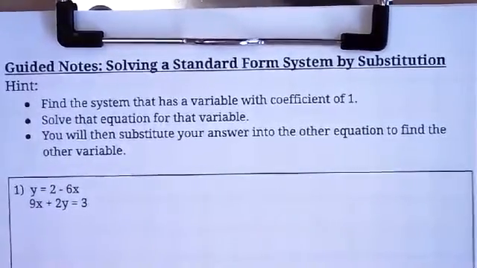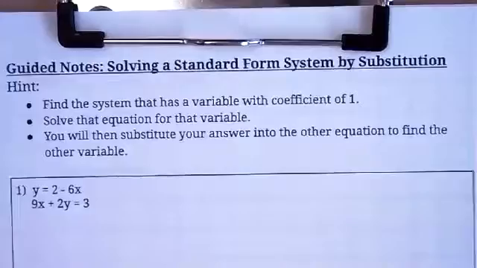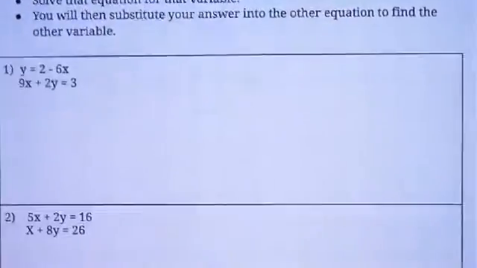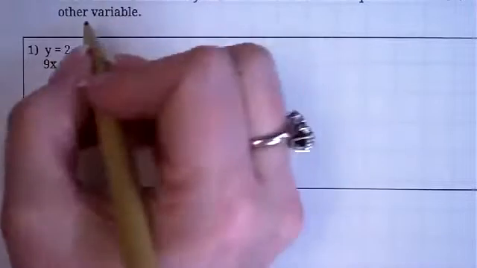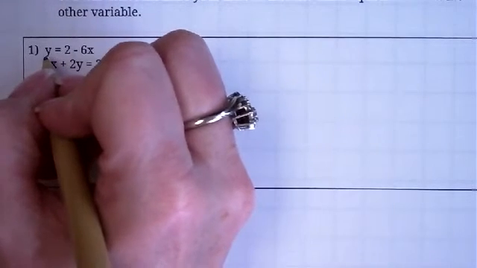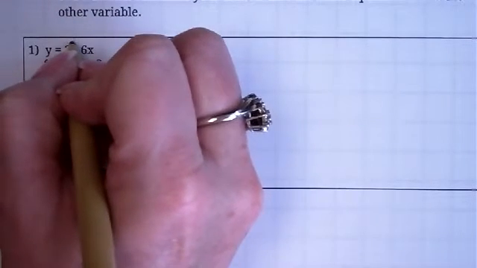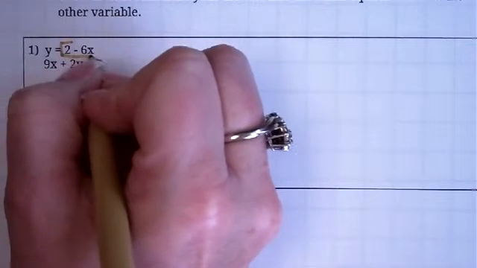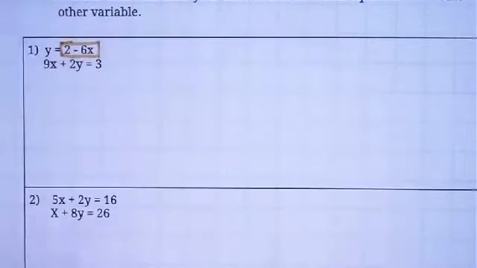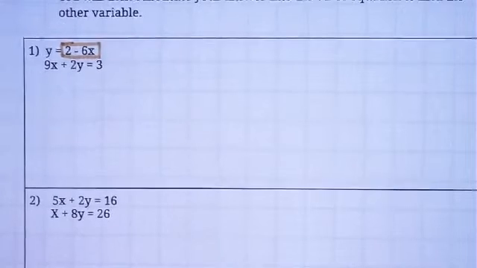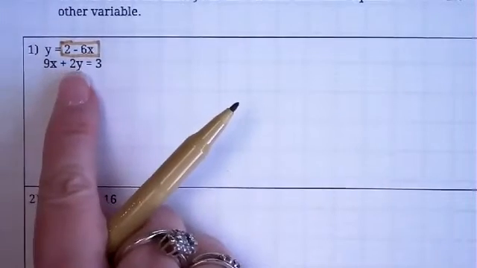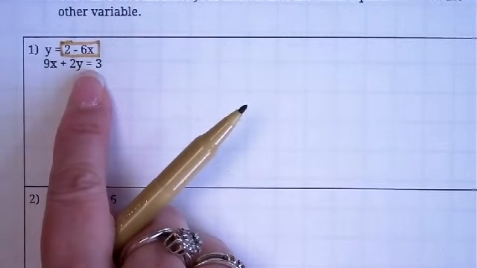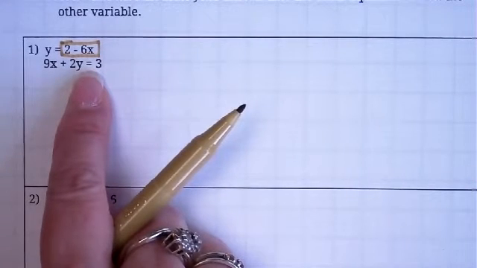So if I look at example 1, I have right here still in slope-intercept form, y equals 2 minus 6x. So what I know is that y is truly equal to all of that, okay? But if I look at my second equation, the 9x plus 2y equals 3, that's not in slope-intercept form, okay?